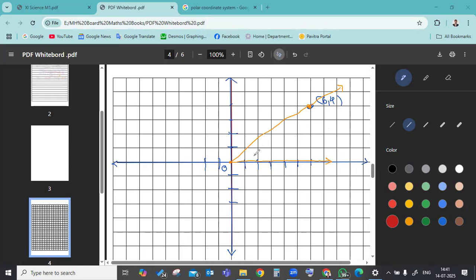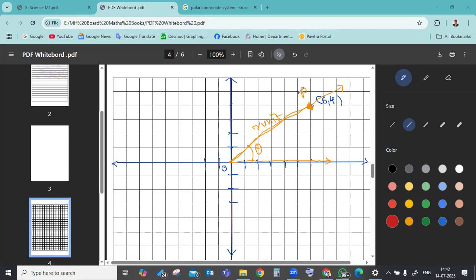Okay, now see, let's take that particular point P, whose coordinates are to be found, on the terminal arm of angle theta in standard position, where that terminal arm passes through point P, and let's say this point is at distance r units.